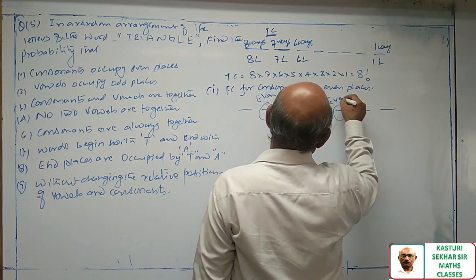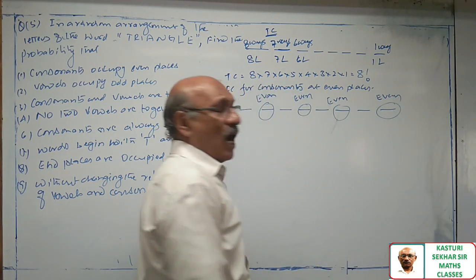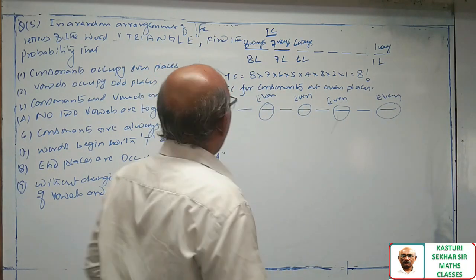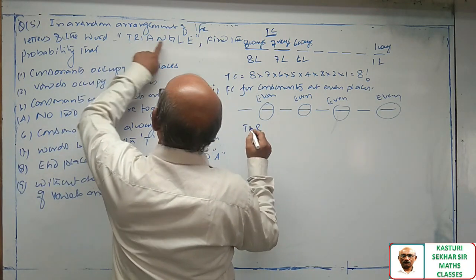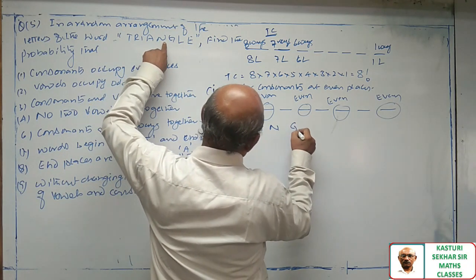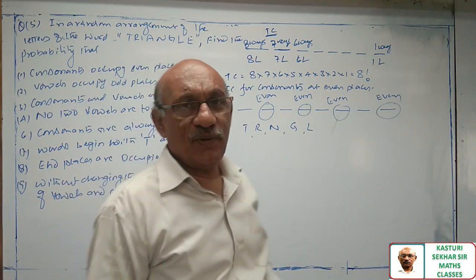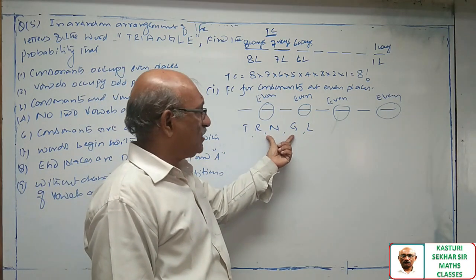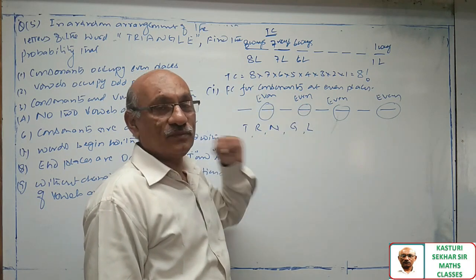This is even place. This is even place. How many even places are there? 4 even places are there. But how many consonants are there? P, R, M, G, L. There are only 4 even places, but we have 5 consonants.